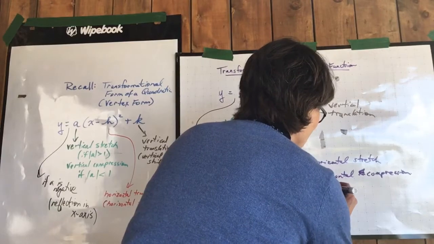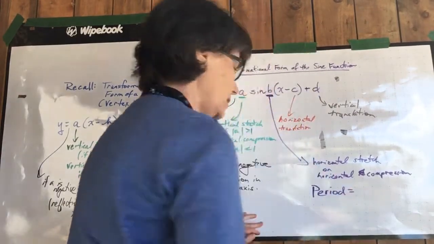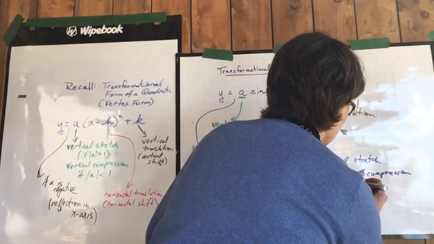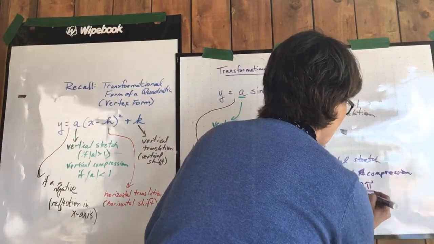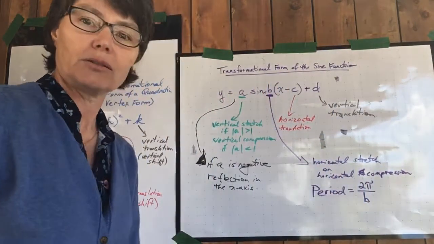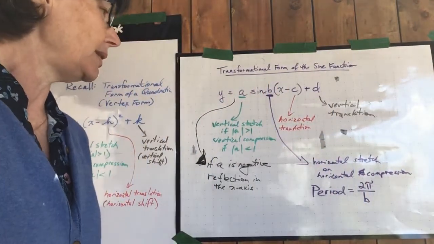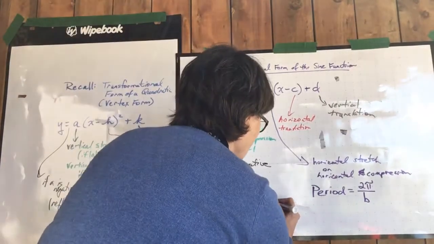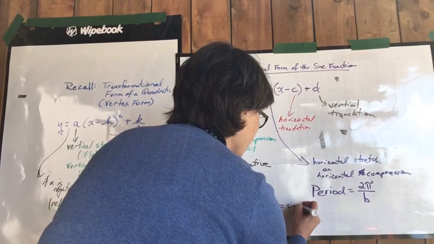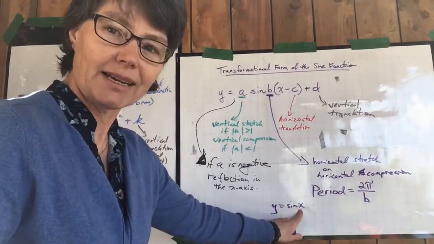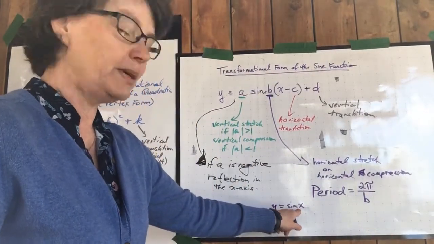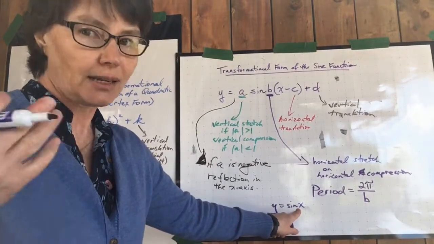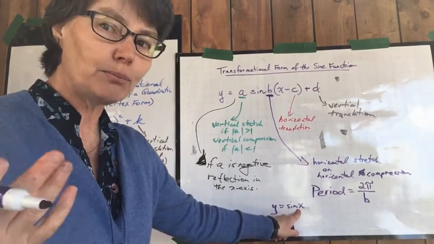There's a formula that we can use: period equals 2 pi divided by b. So 2 pi divided by b will always tell us the period. Let's just think about that for a moment. With y equals sine x, the b is equal to that number that we don't actually need to write down, 1.